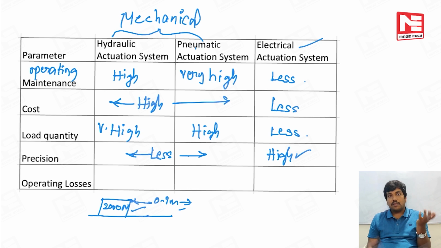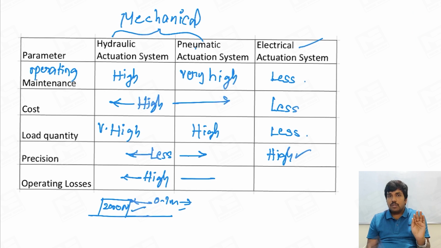That I cannot generalize because it depends on your requirements. If you are really interested to displace heavy loads, then we require either hydraulic actuation system or pneumatic actuation system. But if you want to displace the object to some position accurately, then it's better to go for electrical actuation system. So I hope you understood this particular concept clearly.